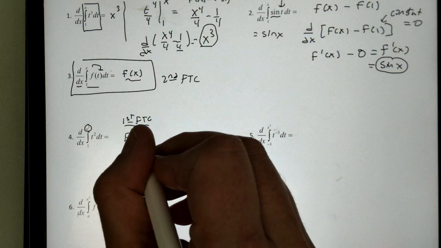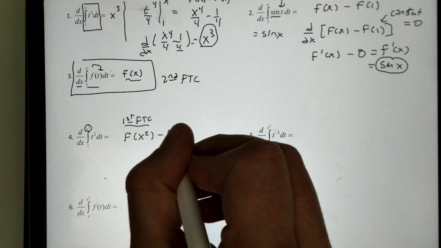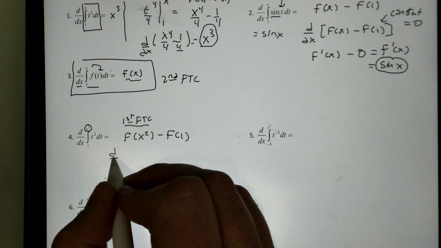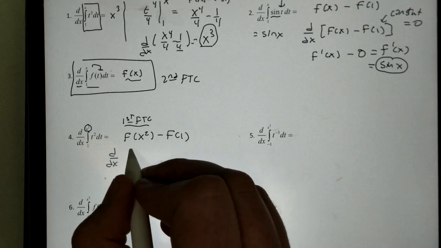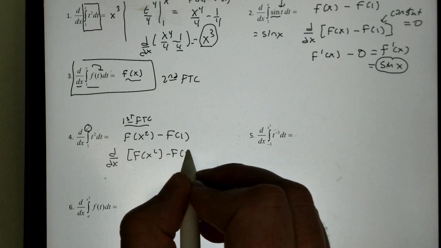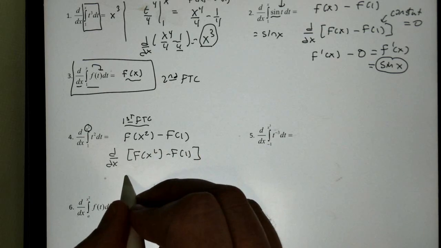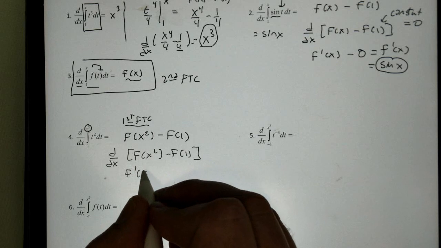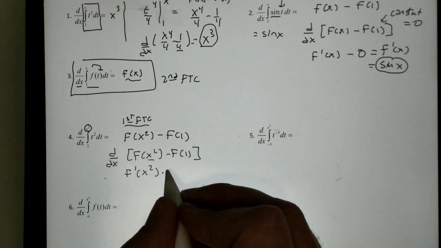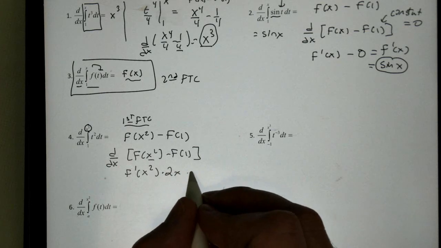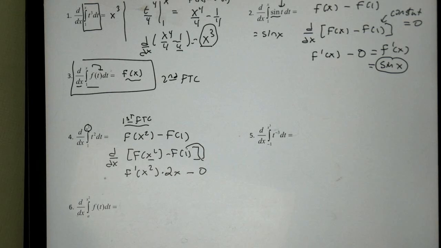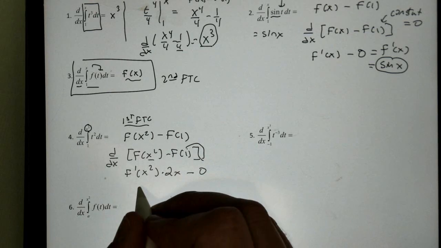And that's going to be f of x squared minus f of 1. Now, my second FTC says take the derivative of that. Now, you got to be really careful here. If I take the derivative, we get f prime of x squared. There's a chain rule times 2x minus, and again, this just is a constant. It just becomes 0.